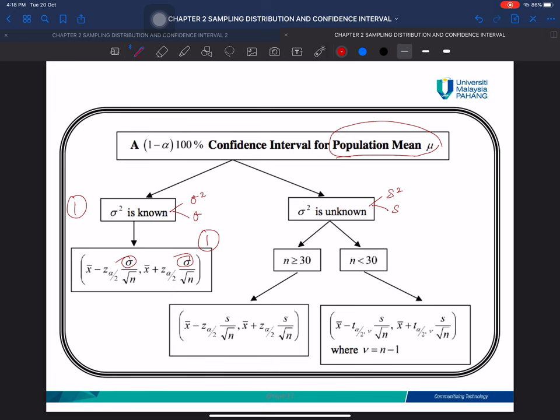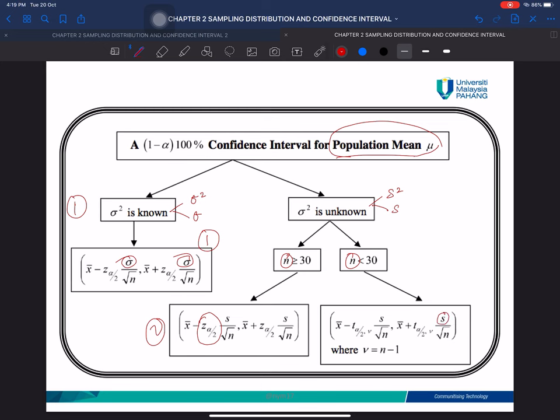If unknown, then we have another condition that you have to determine. It is the n, whether your n is greater than or equal to 30, or less than 30. Greater than or equal to 30 means that you will have Z here. So the second formula has S, the sample standard deviation, with the Z. If you have n less than 30, then we also have S here to show that it is unknown.